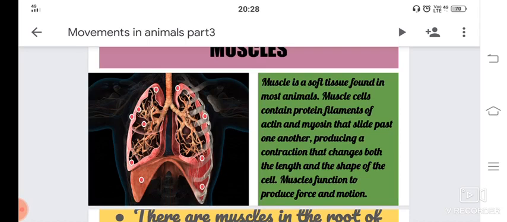Muscle cells contain protein filaments of actin and myosin, which produce a contraction that changes both the length and the shape of the cell. Muscle functions to produce force and motion. So muscles give a structure to our body and help the body to expand and contract, and the shape of the cells is given to our body with the help of muscles.